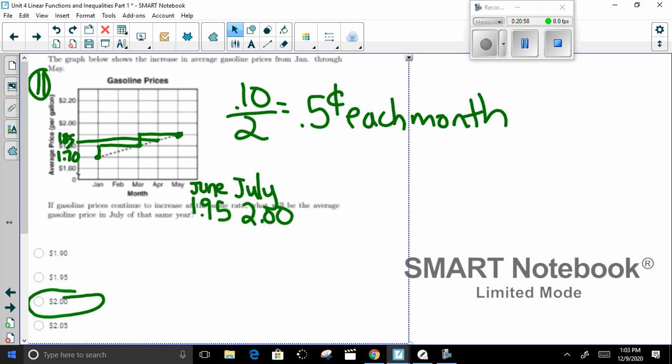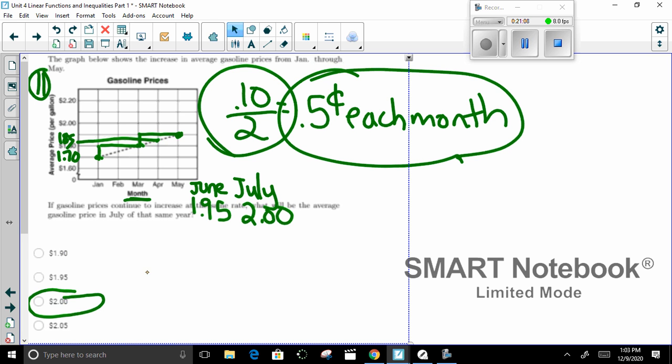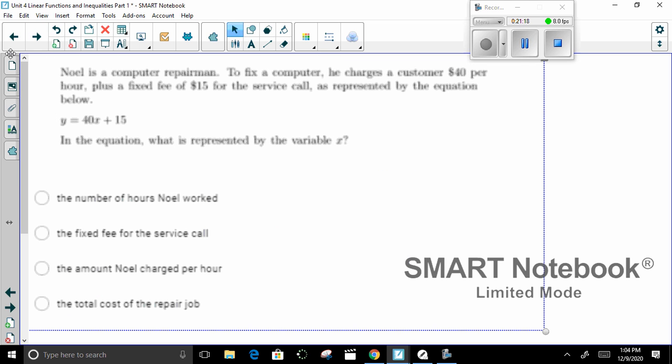So you got to really think about my months. Yes, it's doing every month, but it wasn't hitting every month here when I went to find my slope, which helped me figure that out. And I had to realize that on my y-axis, after it does this little jump, it's counting by 10 cents every slot there. So be cautious of that.